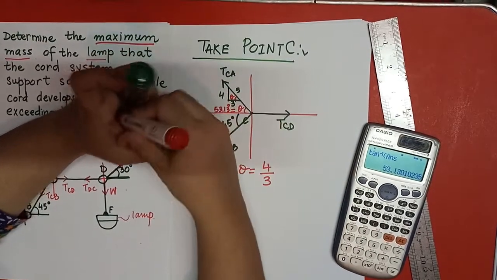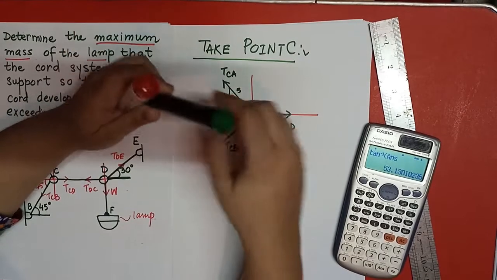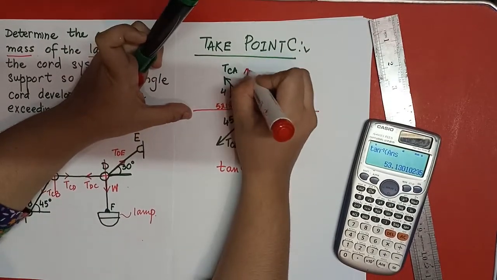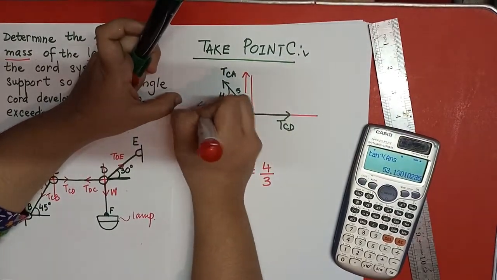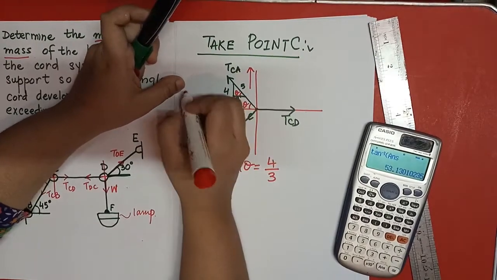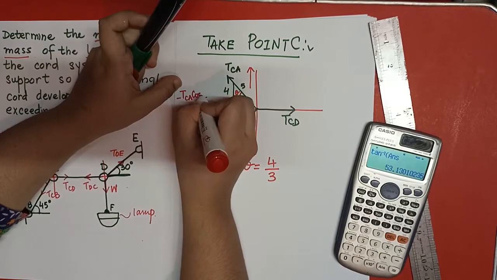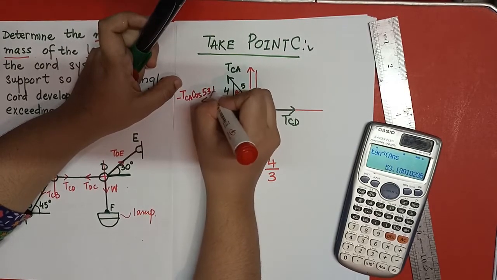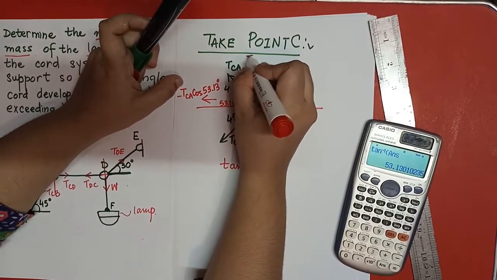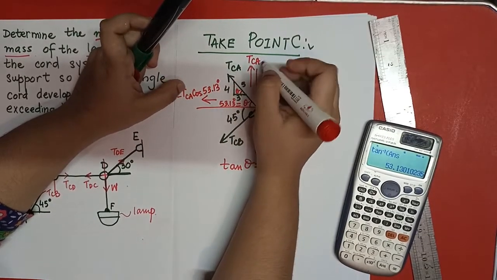And I have to resolve these forces into their components. How can I resolve it? One is parallel to the positive y-axis, another is parallel to the negative x-axis. So I write TCA minus cos of 53.13 degrees. TCA sine 53.13 degrees should be positive because it is parallel to the positive y-axis.